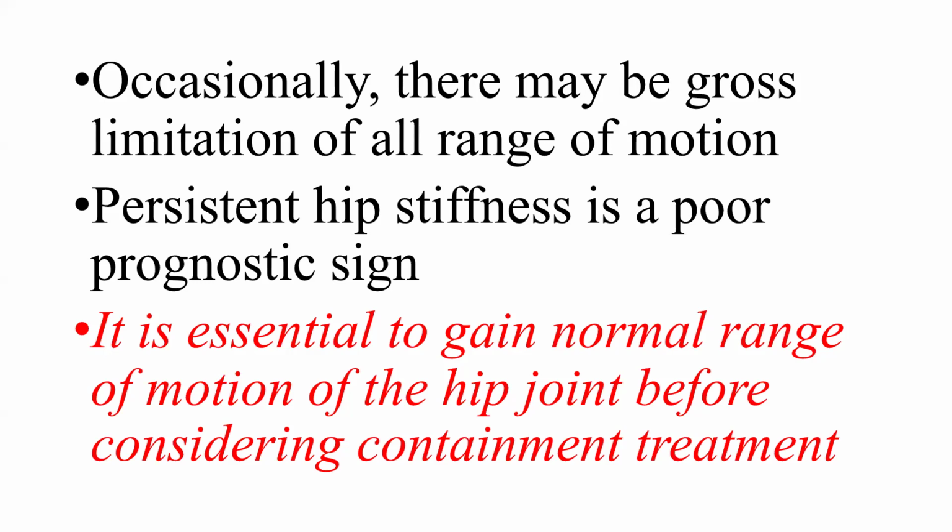If the range of motion improves and continues to improve, then we do our treatment and put them in the cast. You should never try to contain a spastic hip in a patient where there's limitation of motion. Please keep this in mind.